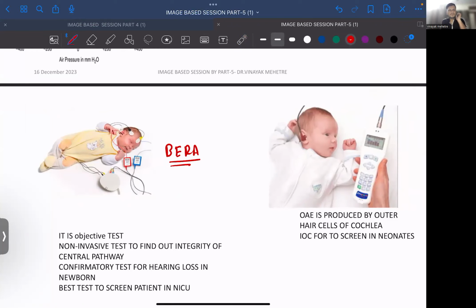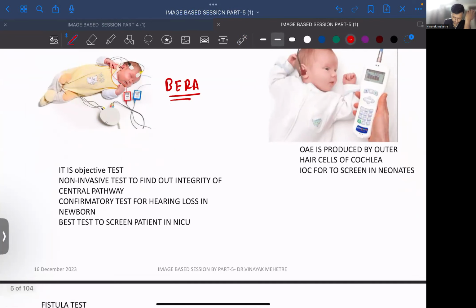So what are we going to monitor? Brain evoked response. Remember, it is a confirmatory test for hearing loss, but it is not a screening test.